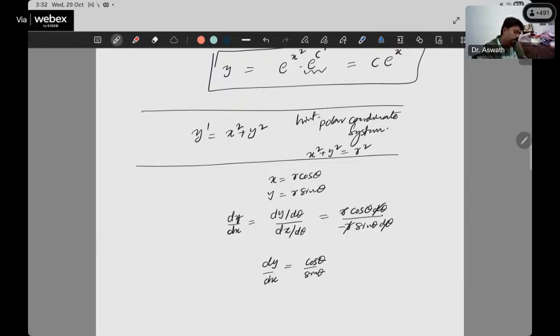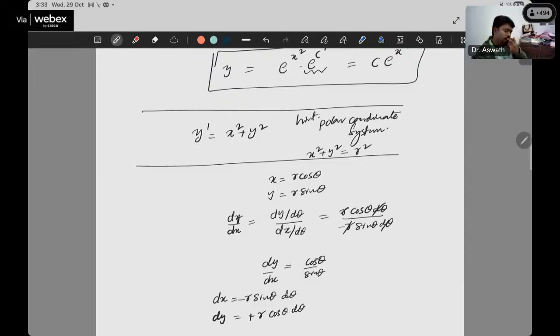By the way, what is dx? dx is r into the variation in cos theta, which is minus sin theta d theta. dy is plus r cos theta d theta.